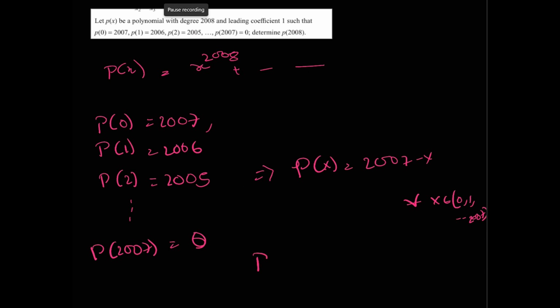It's something similar like p of x plus x minus 2007 equals to 0.